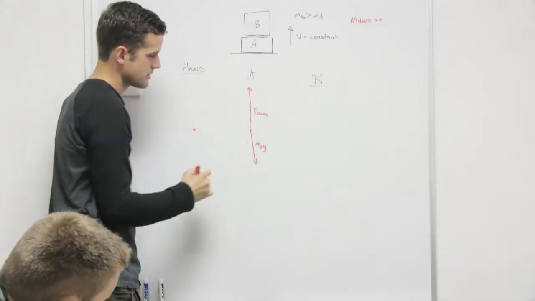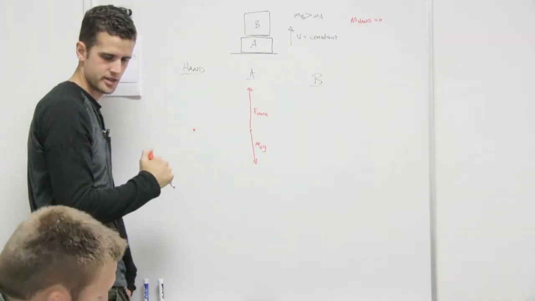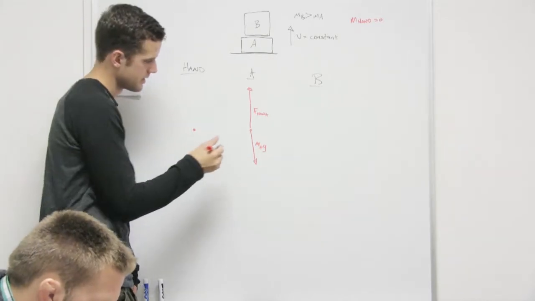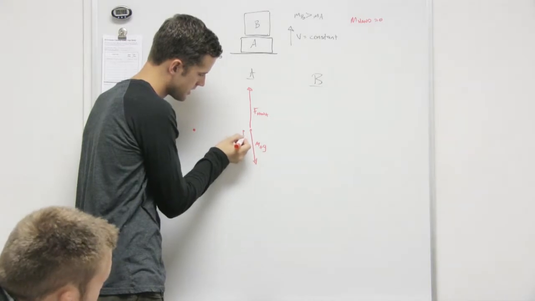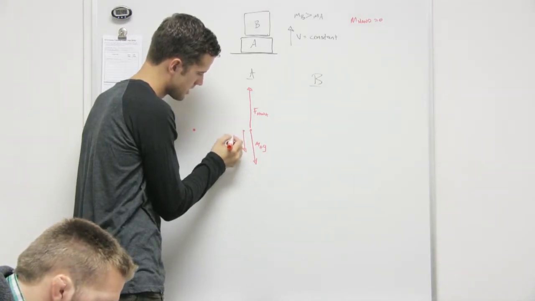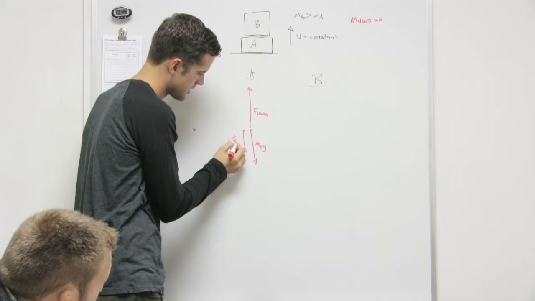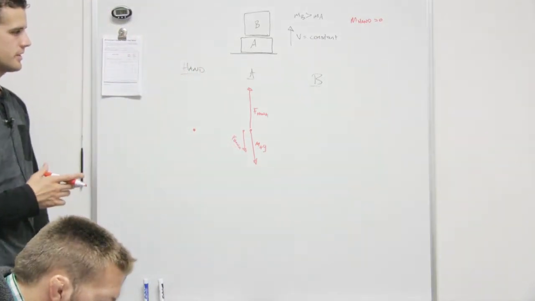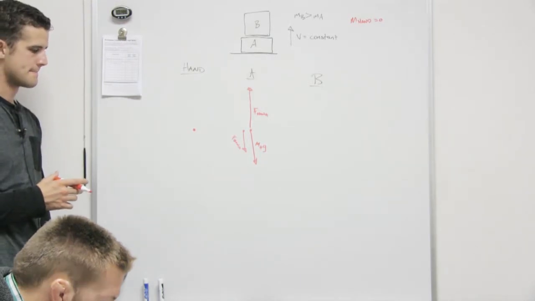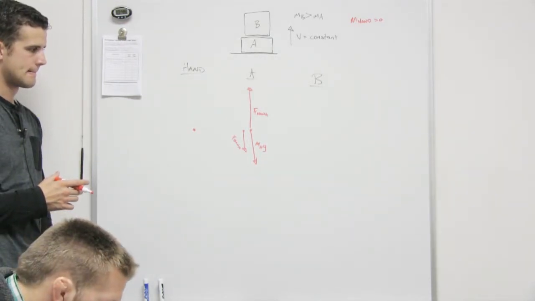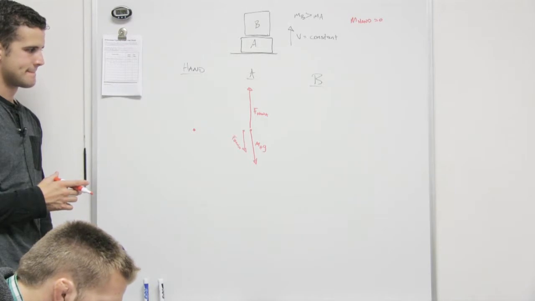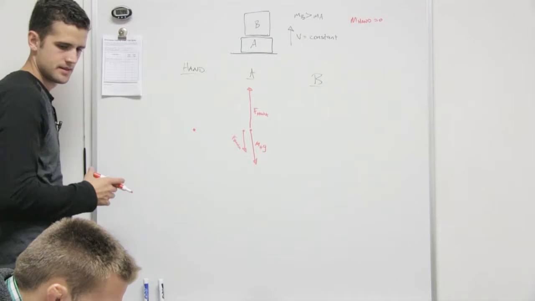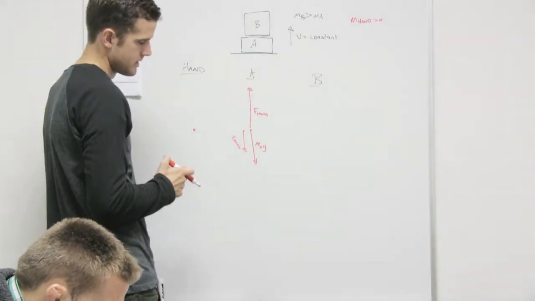Is there anything else pushing on A? B is pushing down on A. Right. FB on A. And that would be smaller than MAG, right?